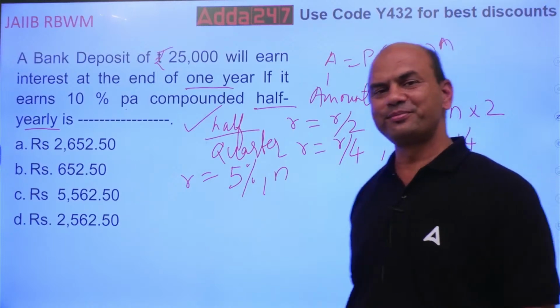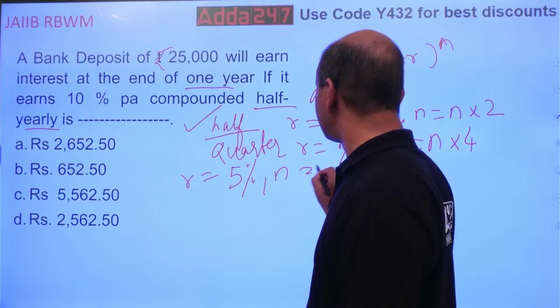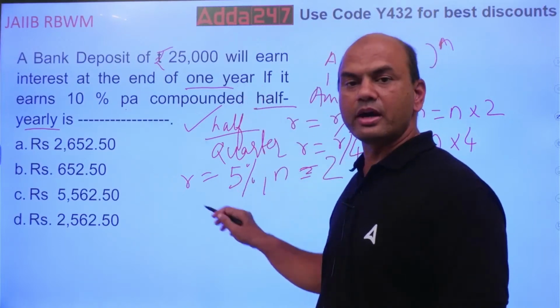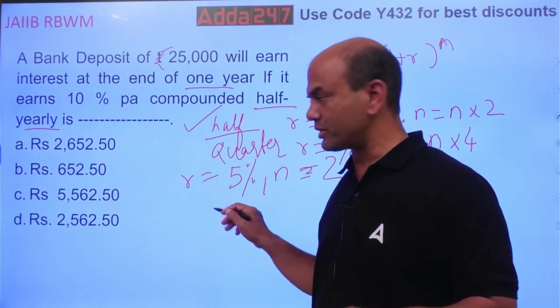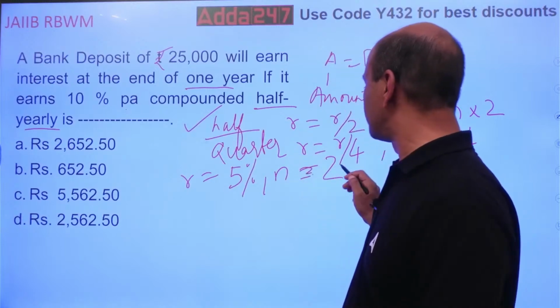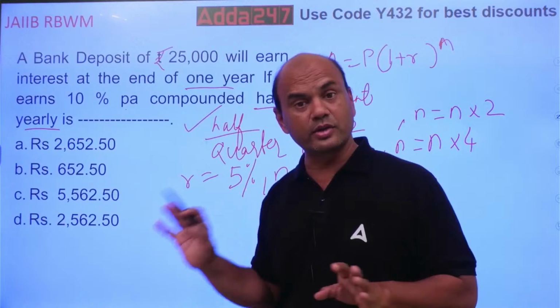For R I have divided by 2, because 10 upon 2, so n will be multiplied by 2. n will be 1 into 2, that is 2. So now we got both R and n.